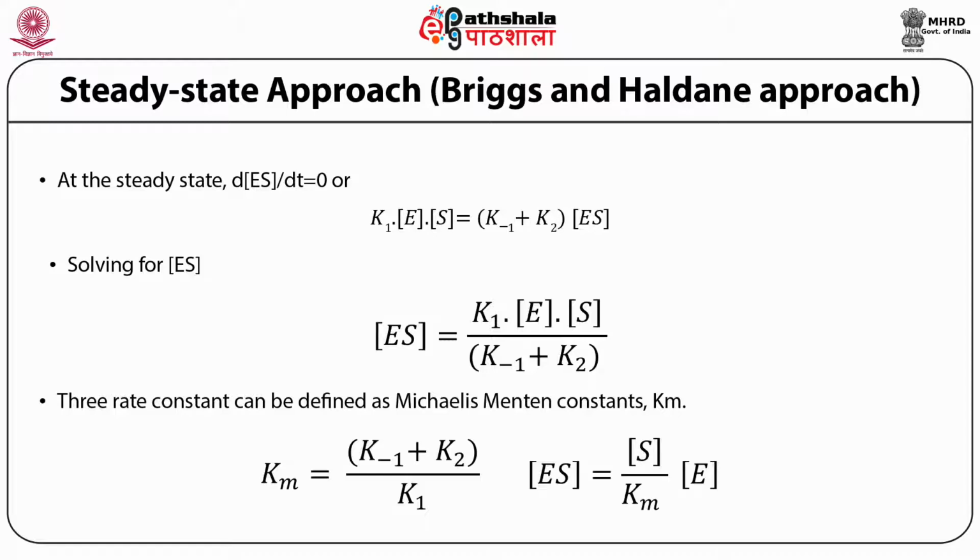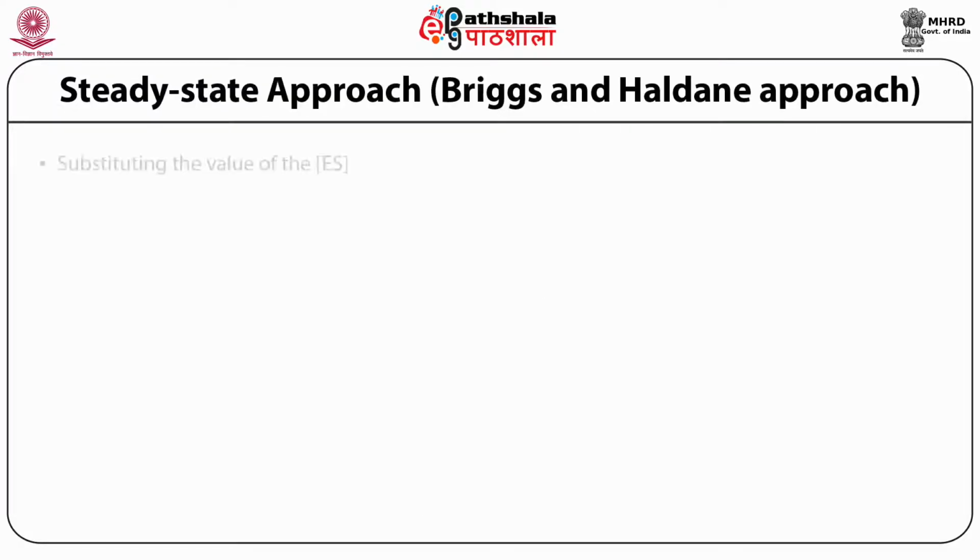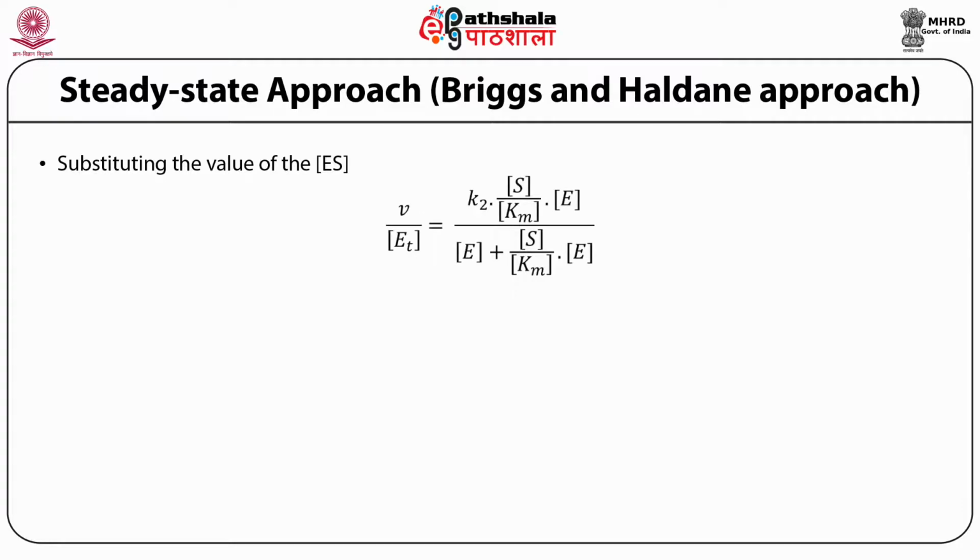Here it is Km that is replacing that Ks. If you substitute the value of the ES complex, then the equation becomes V upon ET is equal to K2 into S upon Km into E.